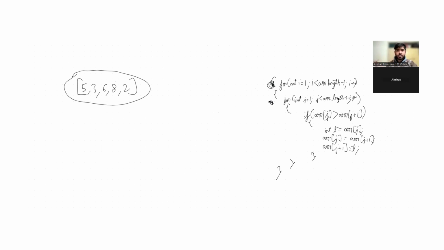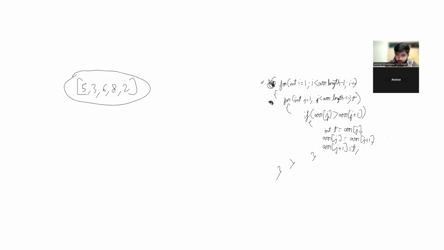After it has reached the end, this first loop will take us back to the beginning of the array where the other small elements are present. Let me show you with an example.